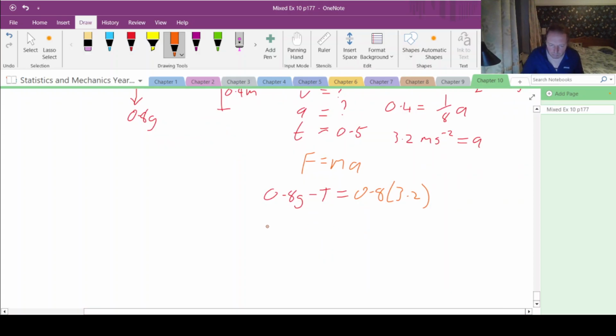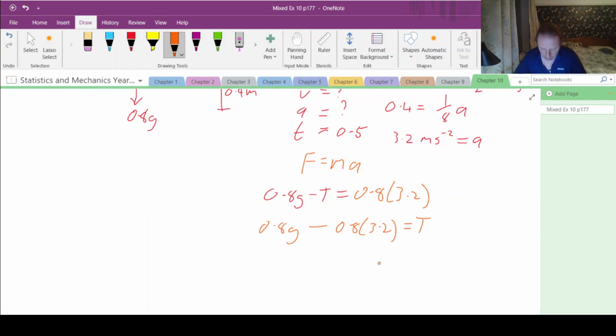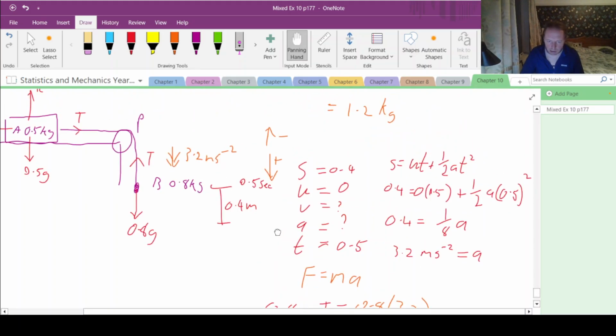So 0.8 G minus 0.8 times 3.2 is equal to T. Onto the calculator: 0.8 times 9.8 minus 0.8 times 3.2. 5.28 newtons is equal to tension.